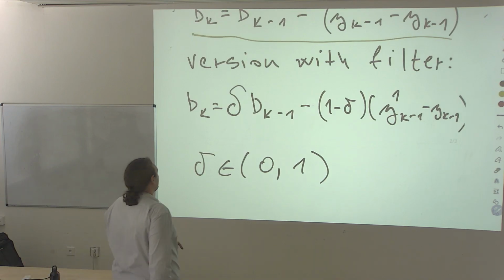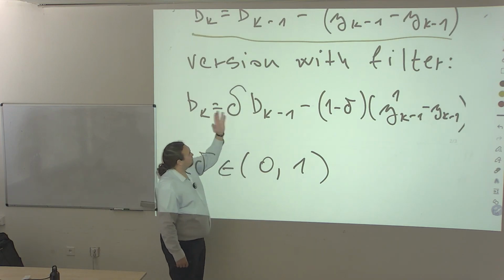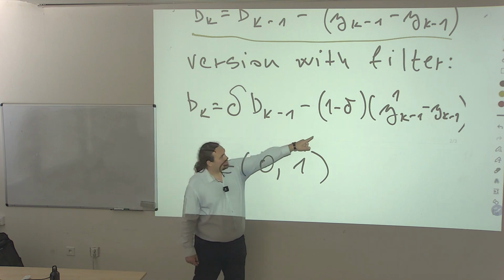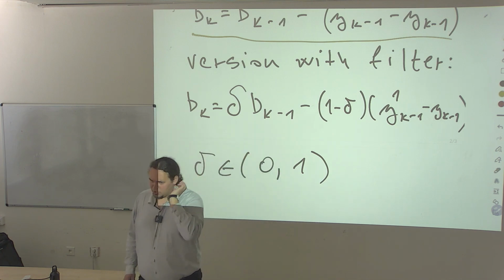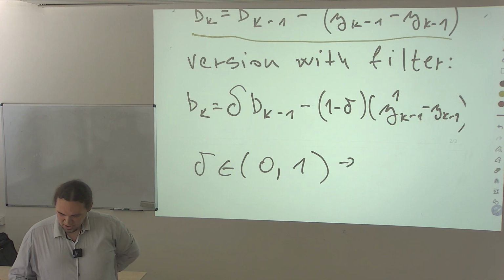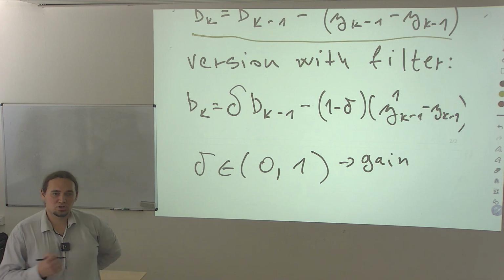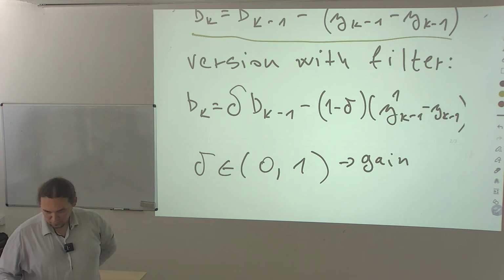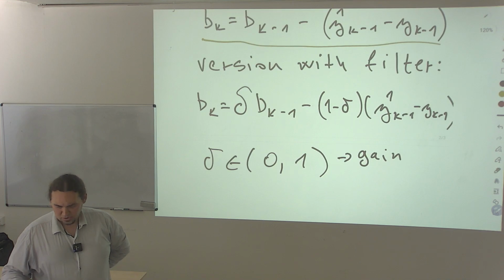Of course, vice versa. If this is 0, then we are just drawn completely by the new measurement. So you can think about this delta as a gain: how much do I trust the information from the measurements?